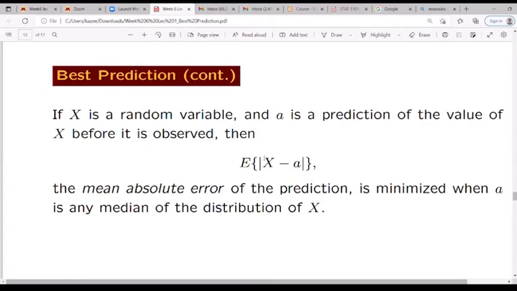And when you're using the median, the criterion you want to minimize is the mean absolute error. So the mean absolute error of prediction is minimized when A is any median of the distribution of X.